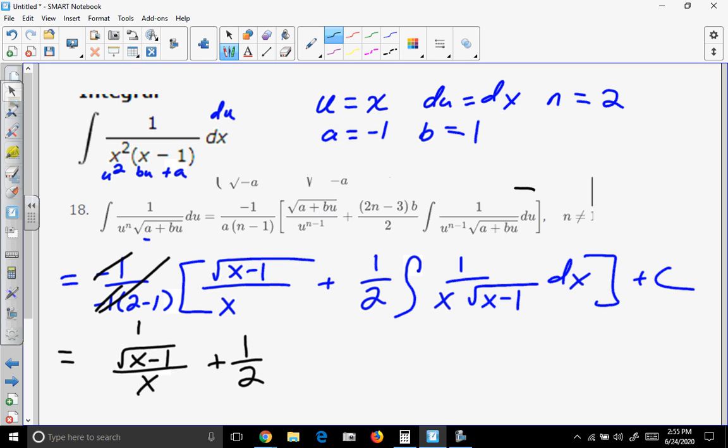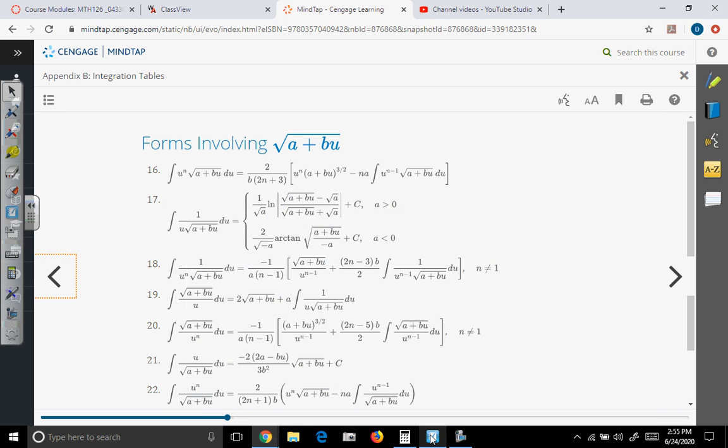And that integral is where we have u to the first power. So we could get away with using 18 again, or if we do the one like 18 where u is to the first, we could do 17.